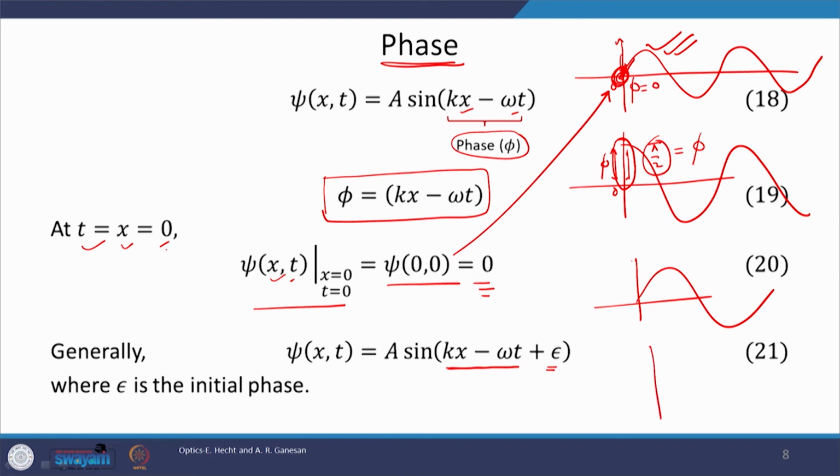But sometimes what happens is that even at x and t equal to 0, waves start from this point, and here it means that some non-zero phase is there at the beginning. This non-zero phase is represented by this epsilon.